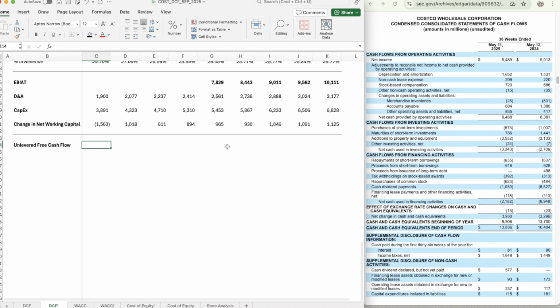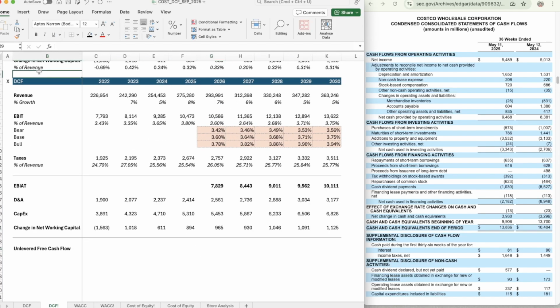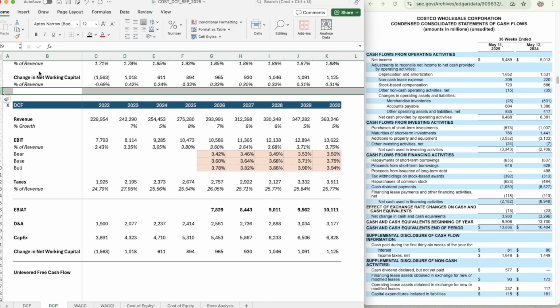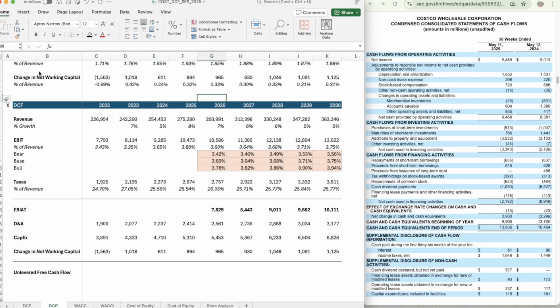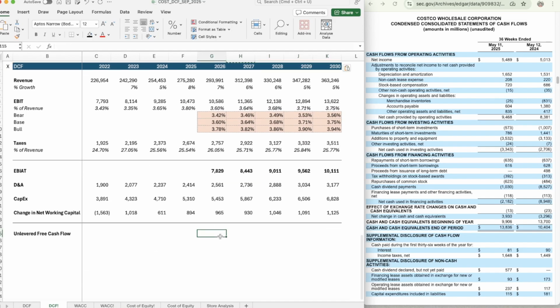So your unlevered free cash flow is calculated, so we go here, in for 2026. As well, before we do that, everybody just put in another row here, and make sure this goes 1, 2, 3, 4, 5. Because we need it when we use the WACC.